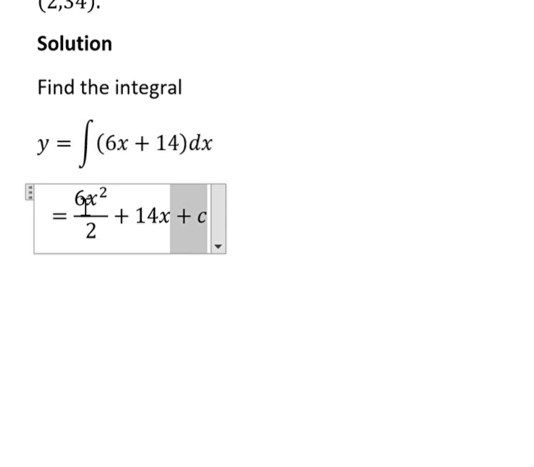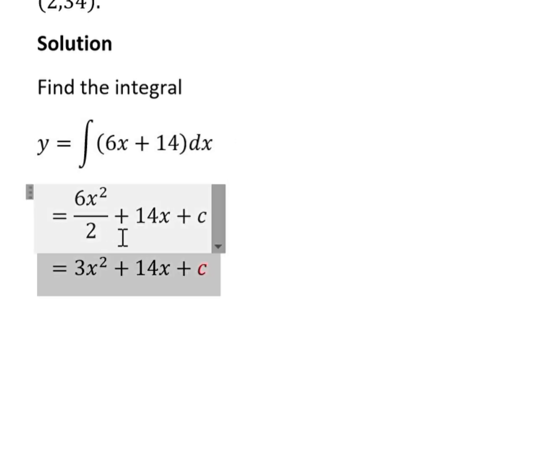If you simplify this, 6 divided by 2 gives us 3, so we shall write it as 3x squared plus 14x plus c. So that is our y. y is equal to 3x squared plus 14x plus c. c is the value that is missing to make this equation complete.